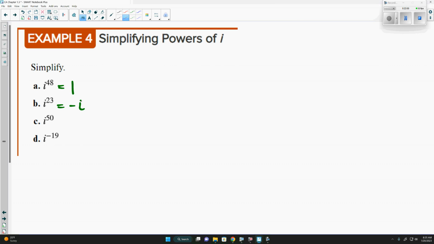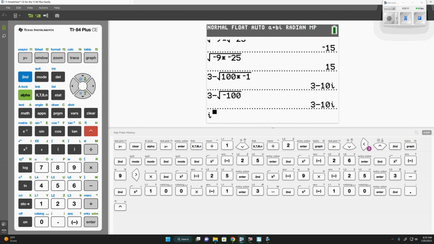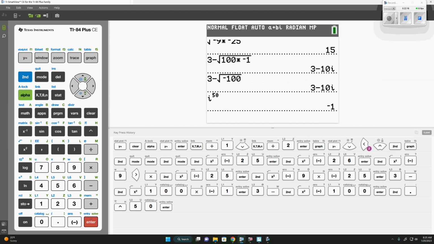Then we can do the same thing with 50 and negative 19. They're going to work a similar way. Now we can plug them in the calculator. i to the 50th, and we get negative 1.